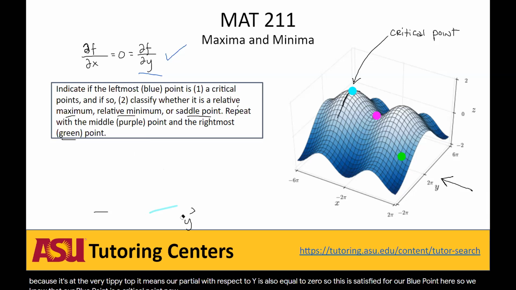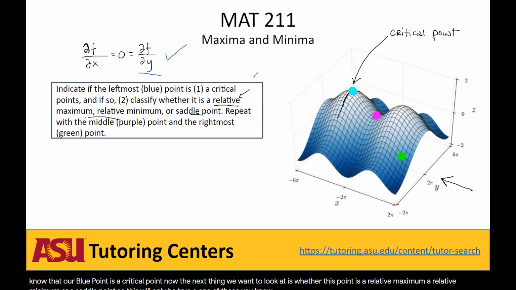Now, the next thing we want to look at is whether this point is a relative maximum, a relative minimum, or a saddle point. One of these categories will only be the case if it's already a critical point.